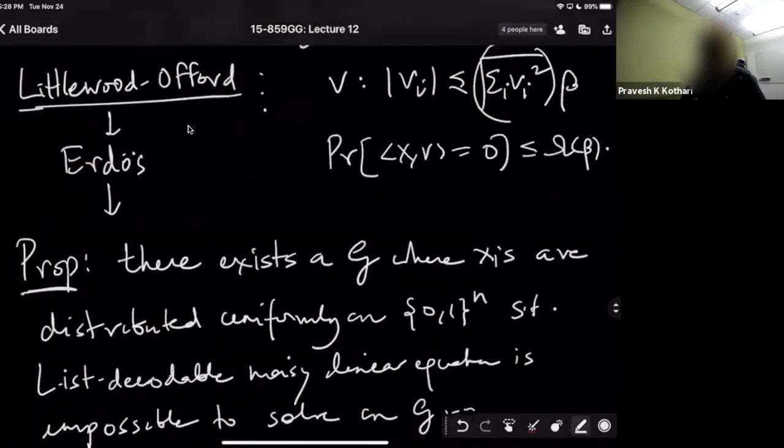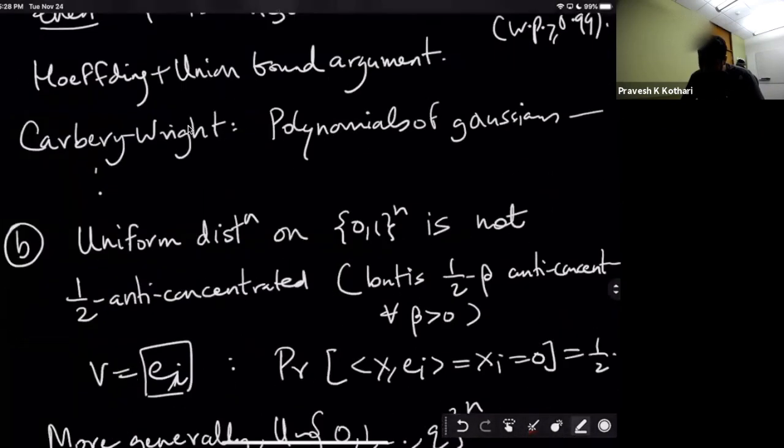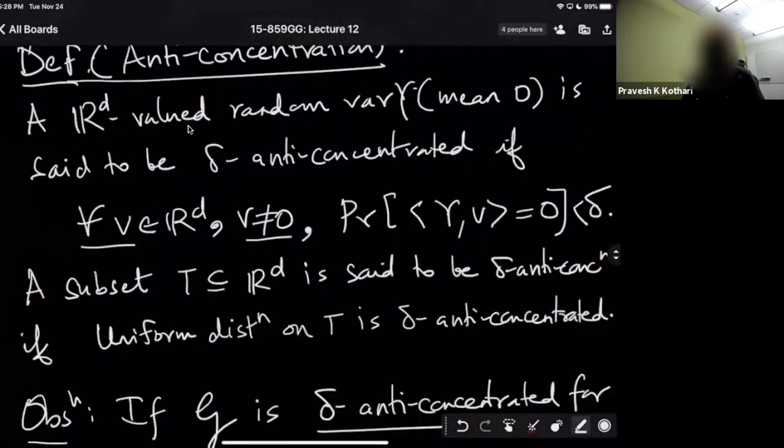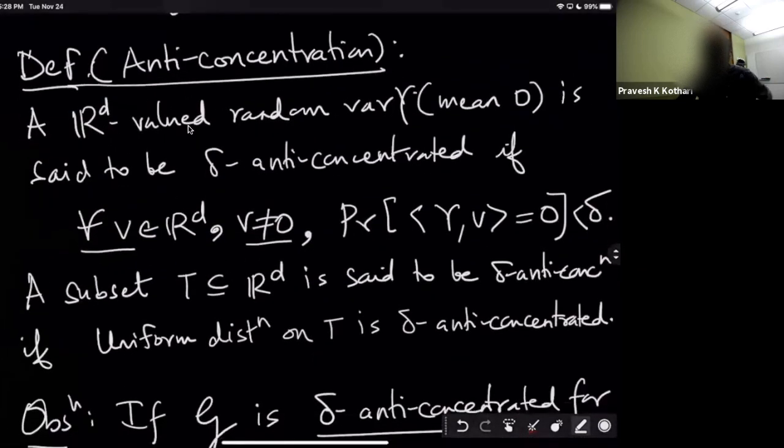Let's go back and check the definition. You're asking a good question. So a random variable is anti-concentrated if, in every direction V, the chance that Y dot V is 0 is less than delta, okay? That's something probabilistic. It's some property of a random variable. But now let's look at when a subset is anti-concentrated. When is a subset T of points in R^d anti-concentrated?